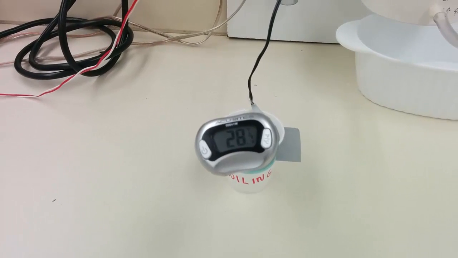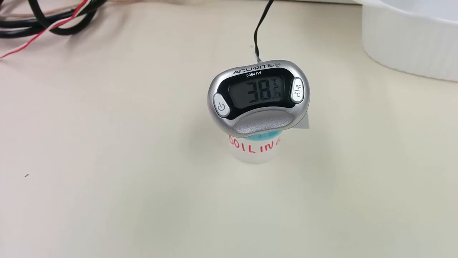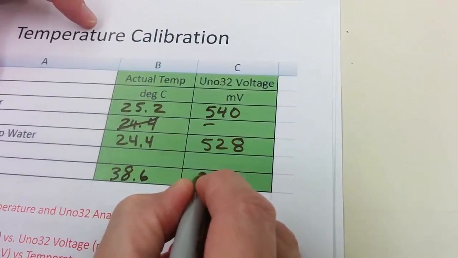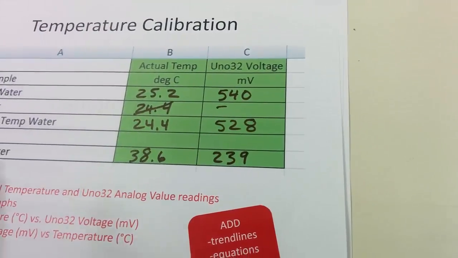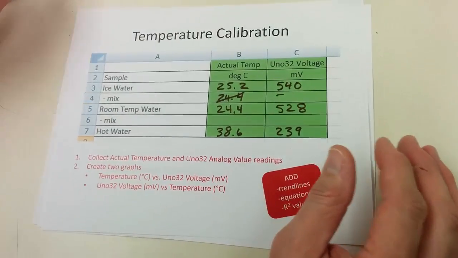And we wait for it to stabilize. Probably after about a 1-minute pause here, it's stabilized at 38.6 degrees on the hot side and 239 on the millivolts. So again, what you'll be doing is taking those three readings and then creating other samples.